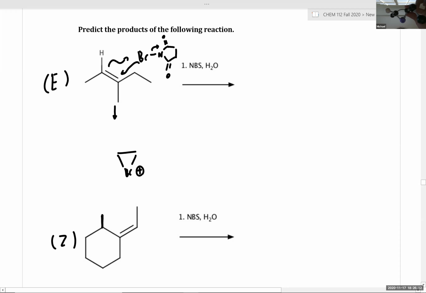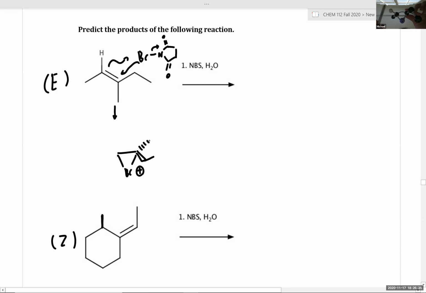Now, what groups are pointing towards us? What's pointing towards us? So like this ethyl group, is it pointing towards or away from us? Towards. So we're going to draw this ethyl group with a wedge. The methyl group gets a dash.